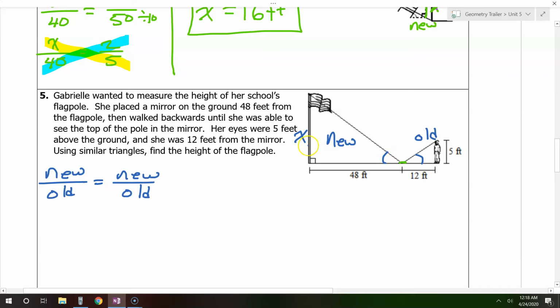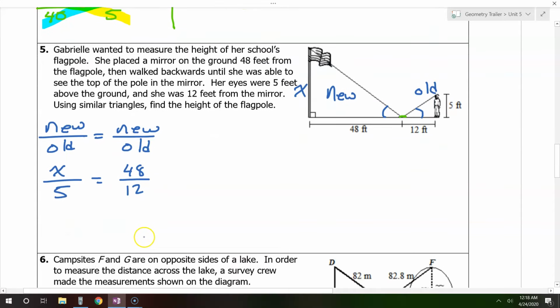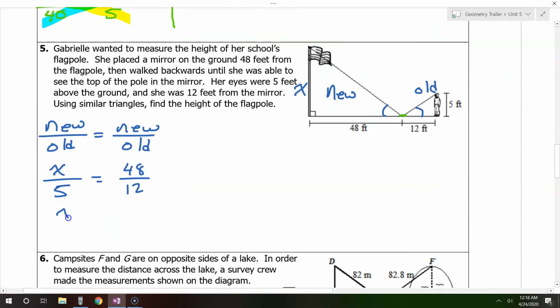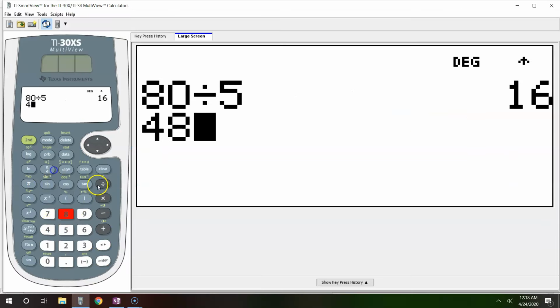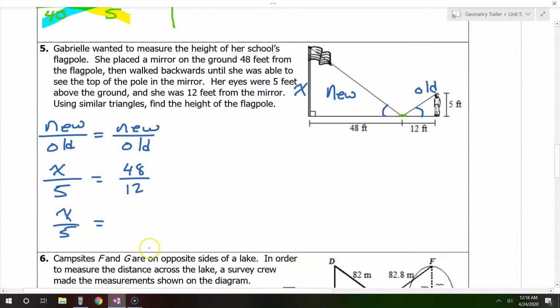So, looking at the vertical lengths, new over old will be x over 5. Looking at the horizontal lengths, new over old would be 48 over 12. That goes in evenly, doesn't it? Right? Because 48 divided by 12 is simply 4.